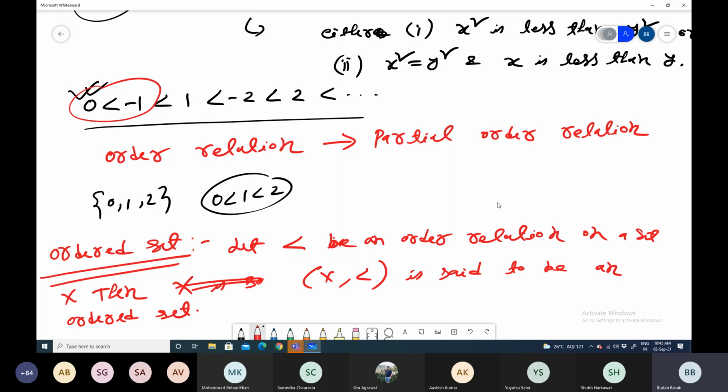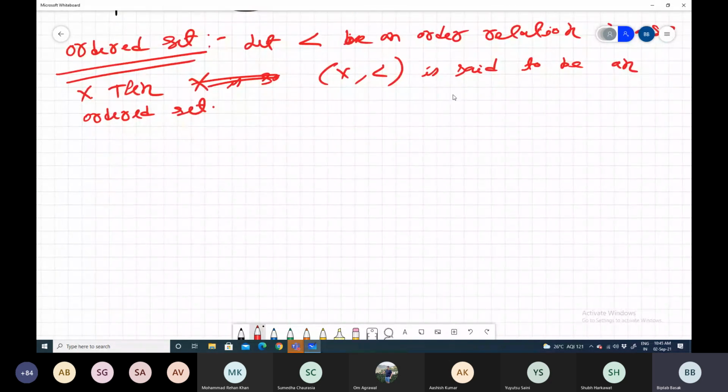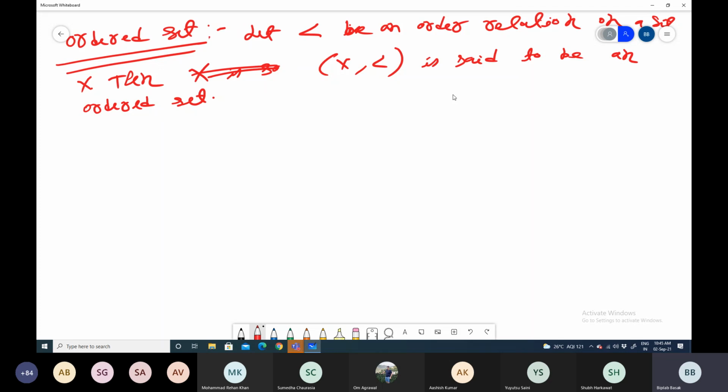Okay. Since I do not have much time, I will just give one definition and then I will stop. That definition is immediate predecessor and immediate successor.